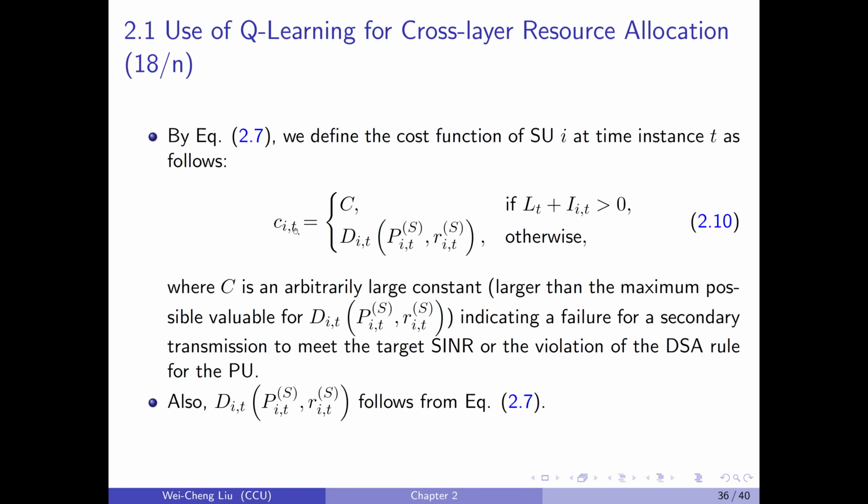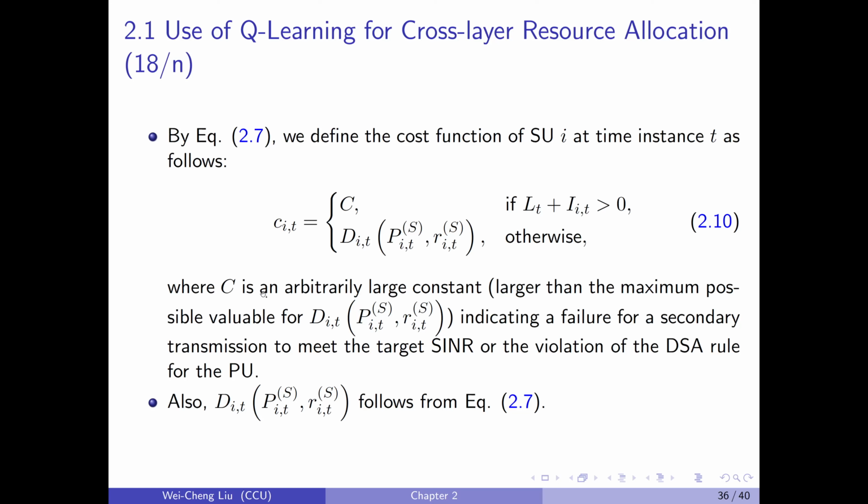Otherwise, c_i^t is equal to D_i^t, the end-to-end distortion of the ith secondary user at time instance t, which is a function of P_i^ts and R_i^ts.